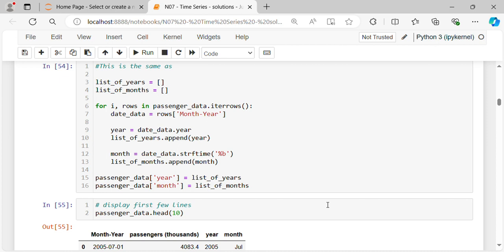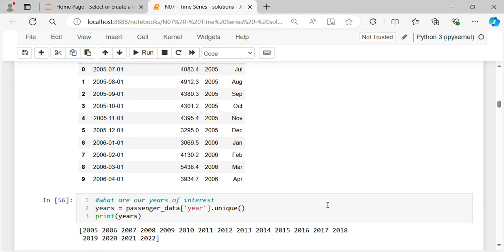So the number of passengers tremendously declined when there was a COVID lockdown.